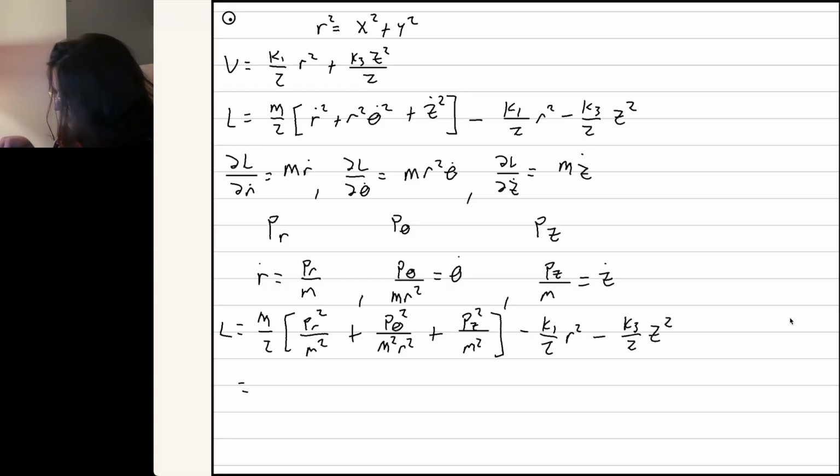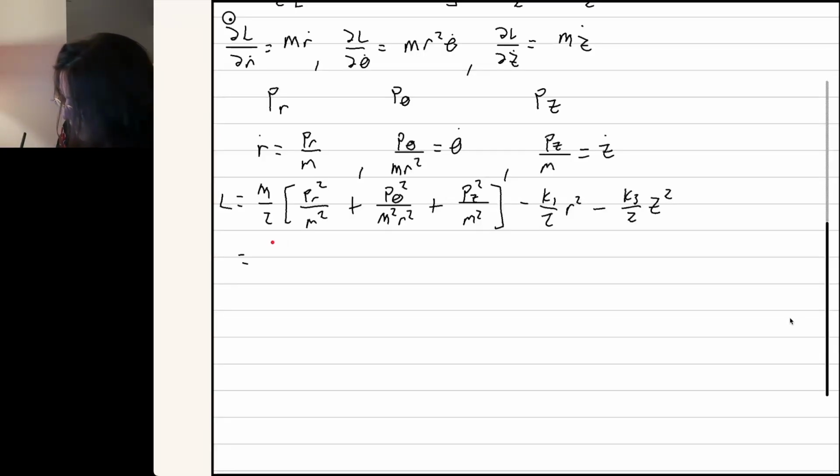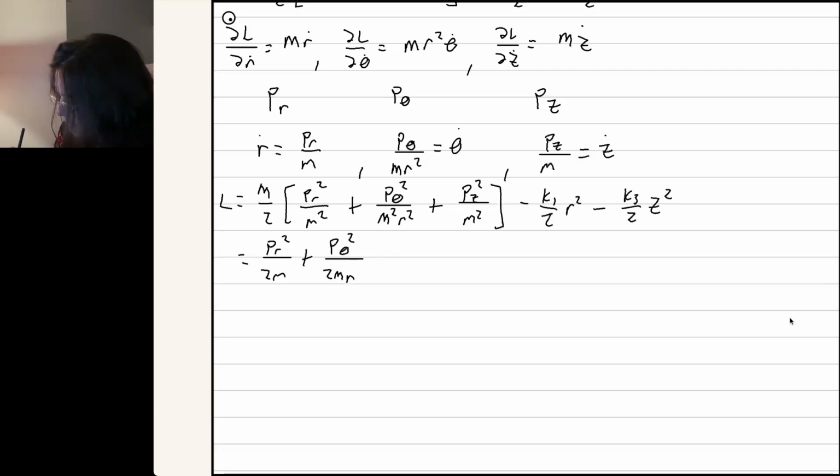And then I'll just simplify this stuff here. That's all going to be p r squared over 2m plus p theta squared over 2m r squared plus p z squared over 2m minus k1 over 2 r squared minus k3 over 2 z squared. That's the Lagrangian.